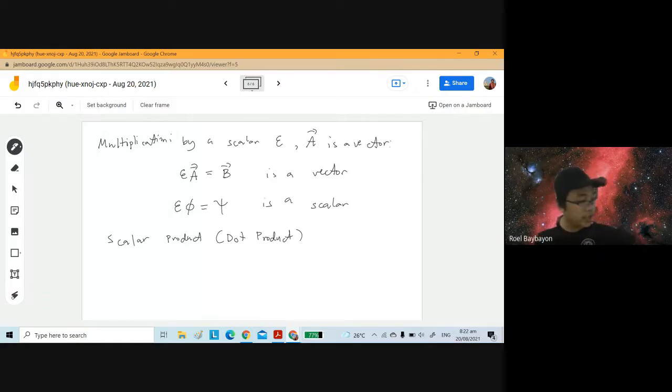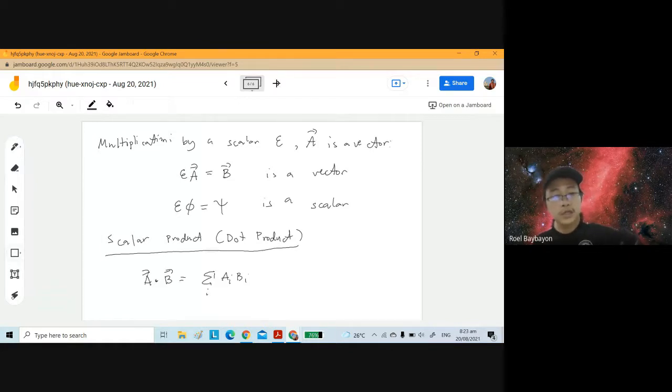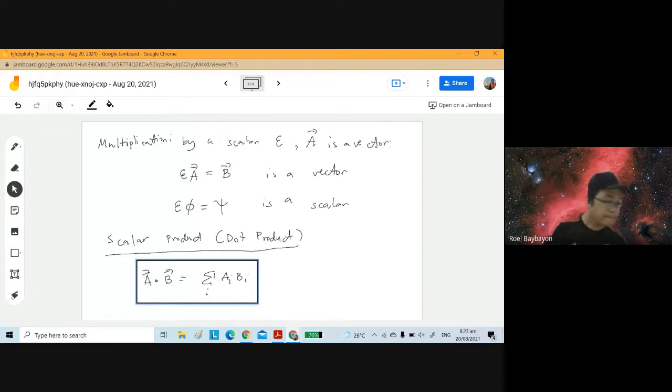So the scalar product is defined as this. If I have two vectors, A, and I dot it with another vector B, then this is equal to the summation of AI BI. Okay? Right? From your Physics 41, this is the definition of a scalar product.